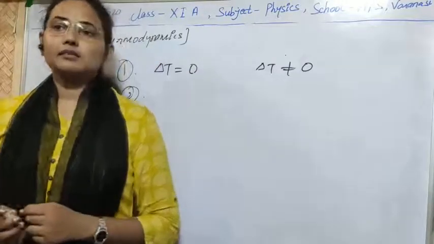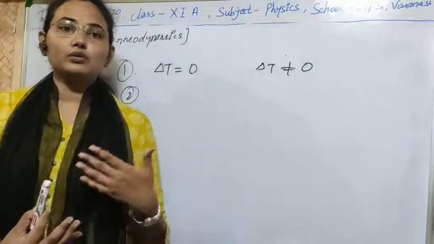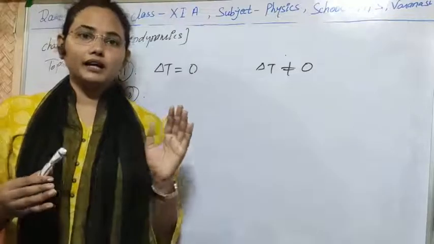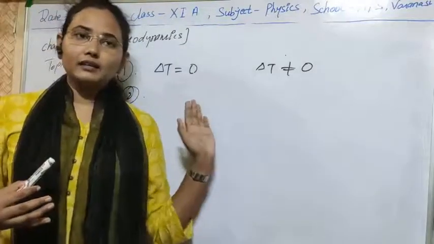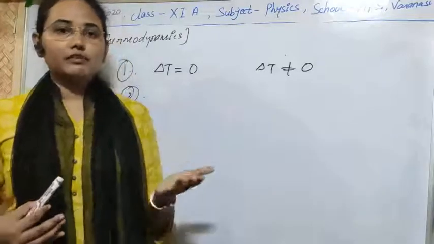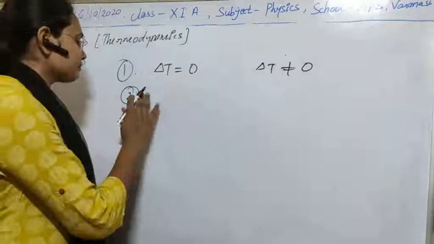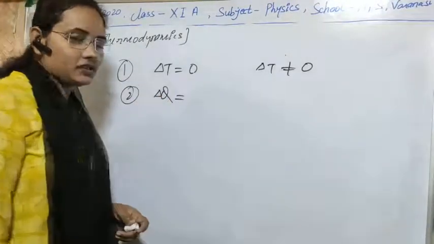Second is that in the case of isothermal, since the change in temperature is zero, if initially the systems are at different temperatures, then there will be some transfer of heat to some body to maintain its temperature. Transfer of heat will occur from the higher temperature to the lower temperature body, and finally its temperature will become constant. So here some heat will be transferred to the system.